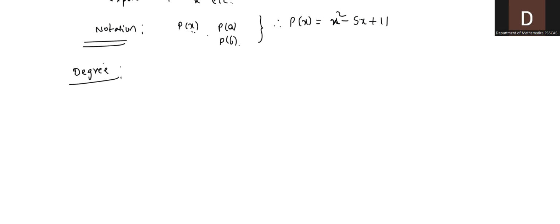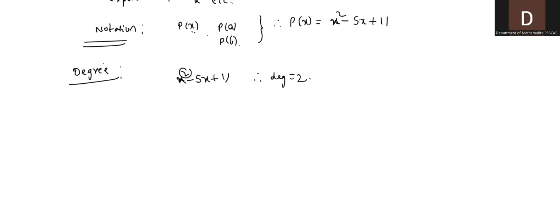Same example, x square minus 5x plus 11. Here x square has the highest power of a variable in the polynomial expression. So 2 is the highest power. So the degree of the polynomial is 2. Degree is equal to 2, the highest power of a variable in a polynomial expression.